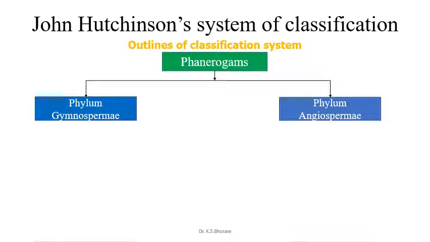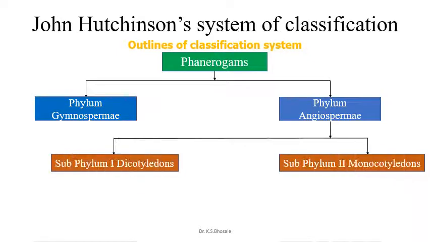Gymnospermi included naked seeded plants, whereas Angiospermi included all flowering and fruiting plants. Phylum Angiospermi is again subdivided into two subphyla. First subphylum is dicotyledons and second subphylum is monocotyledons.